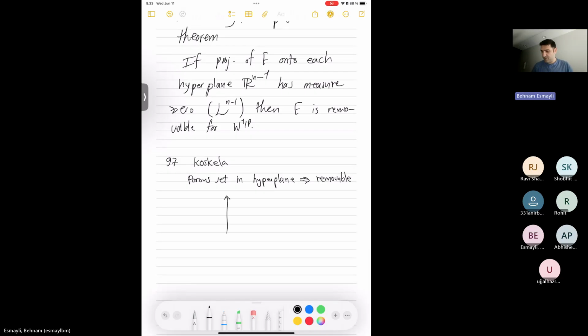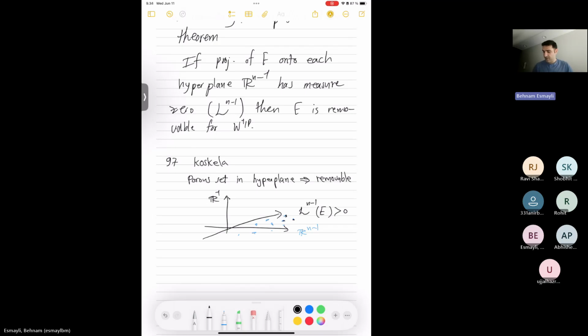So he studied sets which lie in the hyperplane. Already your set is contained in one copy of Rn-1, and one dimension is here. So he looked at sets here where, obviously, the interesting part would be that Ln-1 of the set is positive, because otherwise it follows from the previous observation.